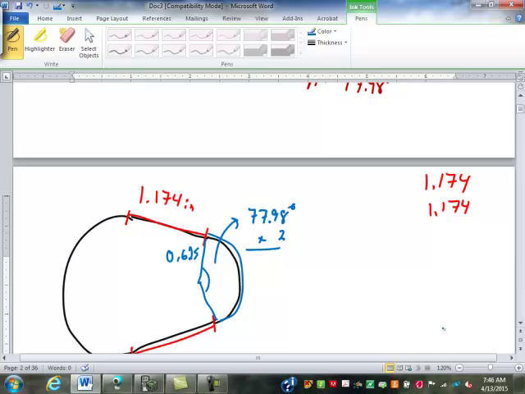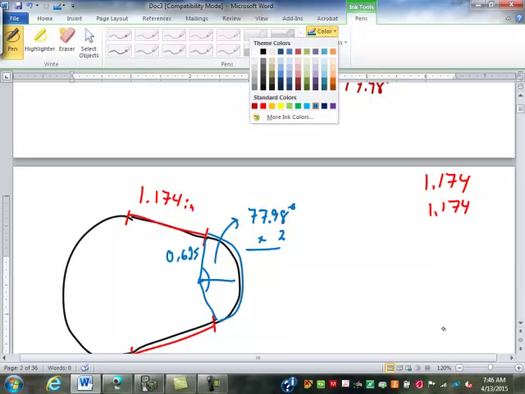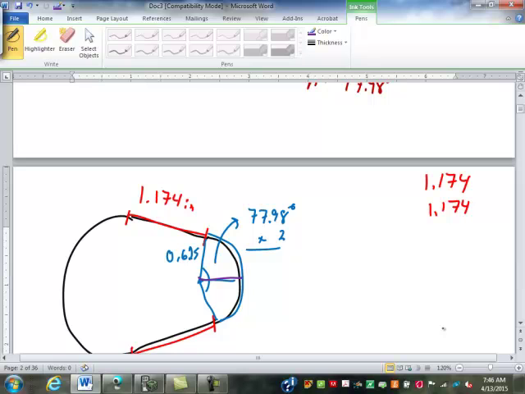Because remember, if I draw this out, since this and this radius both are right angles here, they had to be parallel. So this angle here and this angle here have to be the same. So 77.98 times 2 is, what, 155.96? Somebody double check me there. Yeah? Okay.